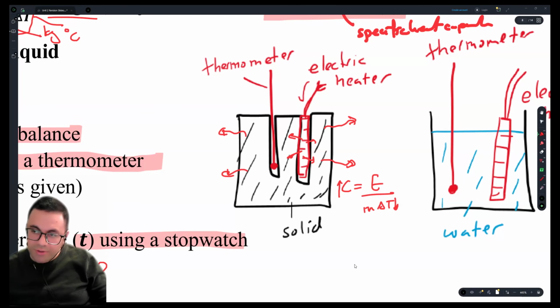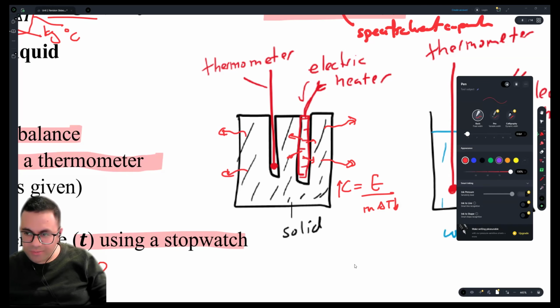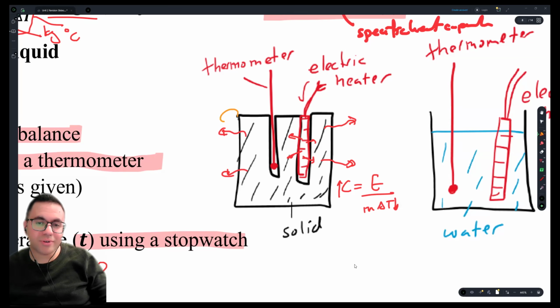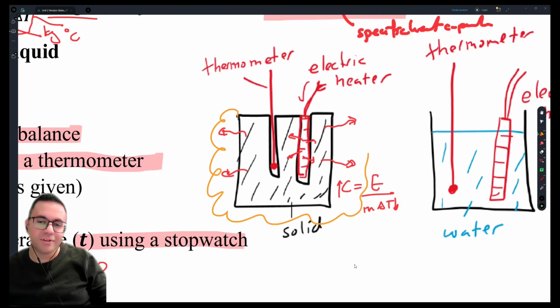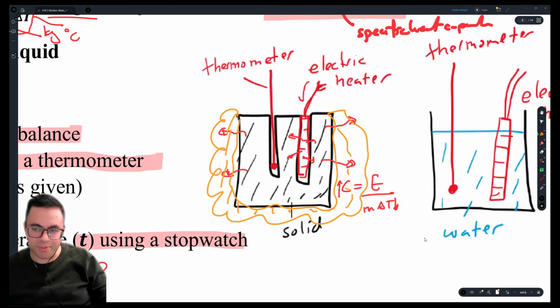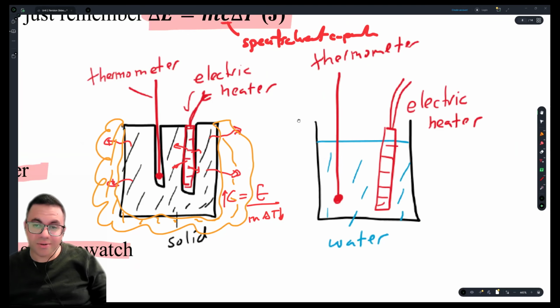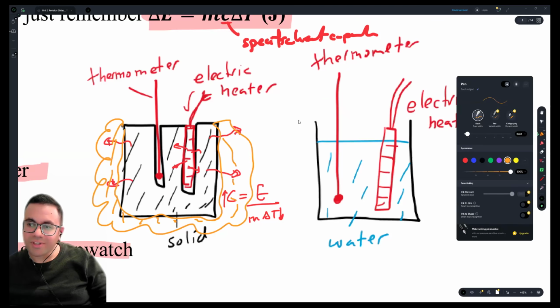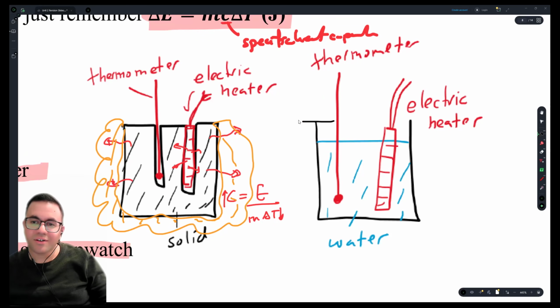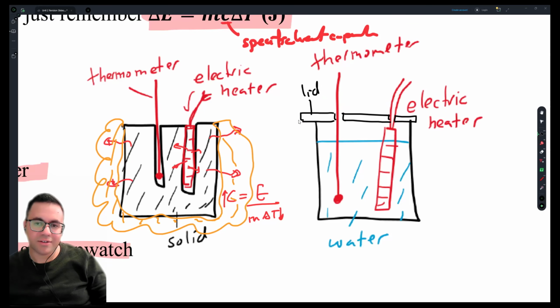The solution to all of your problems in thermophysics is almost always to insulate. Cover this thing with an insulator. That'll stop it from losing heat to the surroundings. Or if it's a liquid, that's even easier. Cover the beaker or the container with a lid.